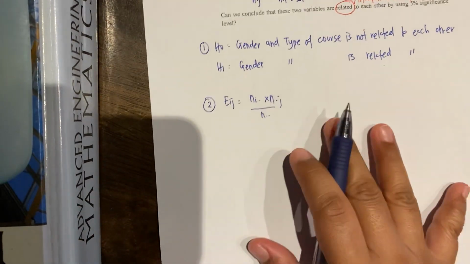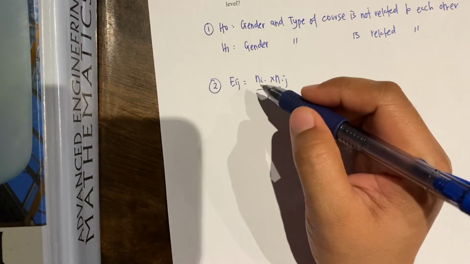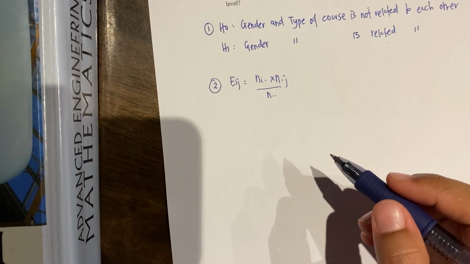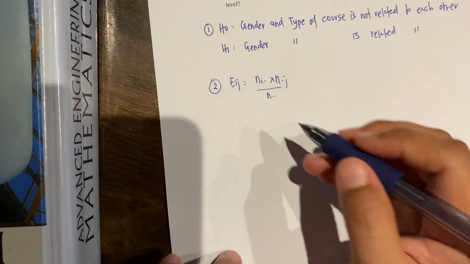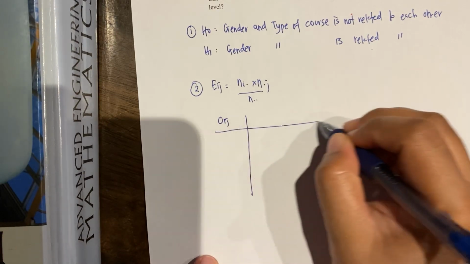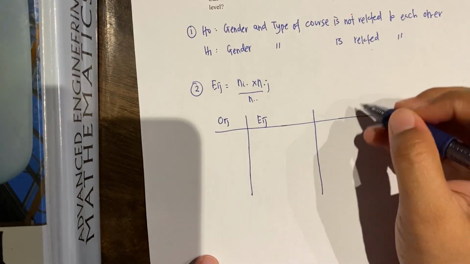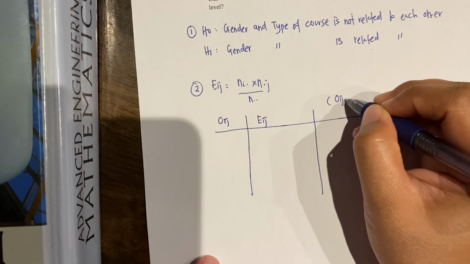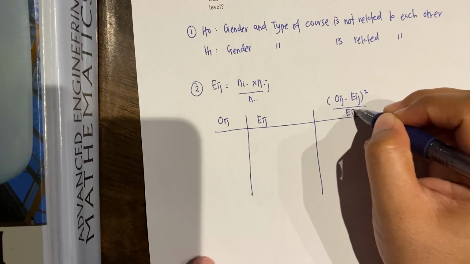As I said, it is suggested to draw a column for the contingency table, so that it is easy for us as a lecturer to check and mark your answer. So O_ij, E_ij, and then here is for your chi-square, (O_ij minus E_ij) squared divided by E_ij.